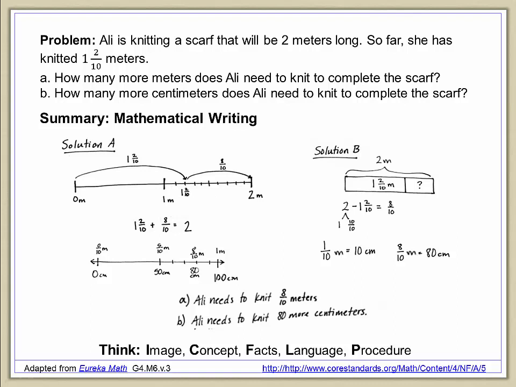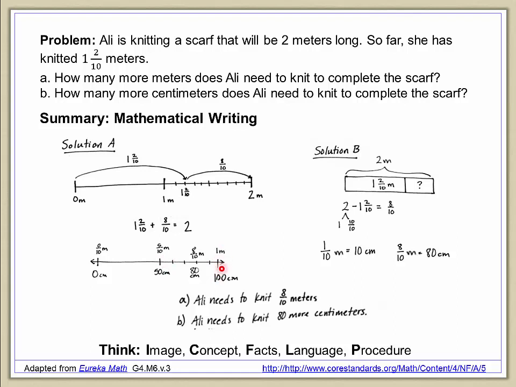When they move on to centimeters, they're really just doing a conversion of the 8 tenths by starting with a representation of this part of the number line here: 0 tenths, here's half or 5 tenths, 8 tenths, and 1 meter. So here's the meter, and they break it into the tenths as they need them. And recognize that 0, of course, is 0, and that 1 meter is 100 centimeters.